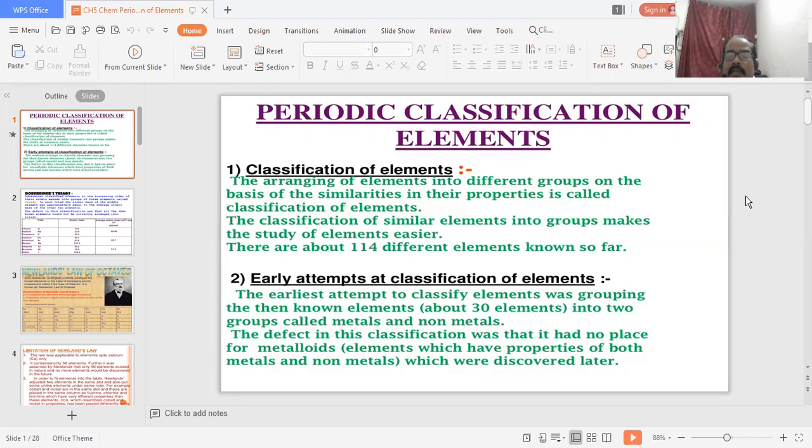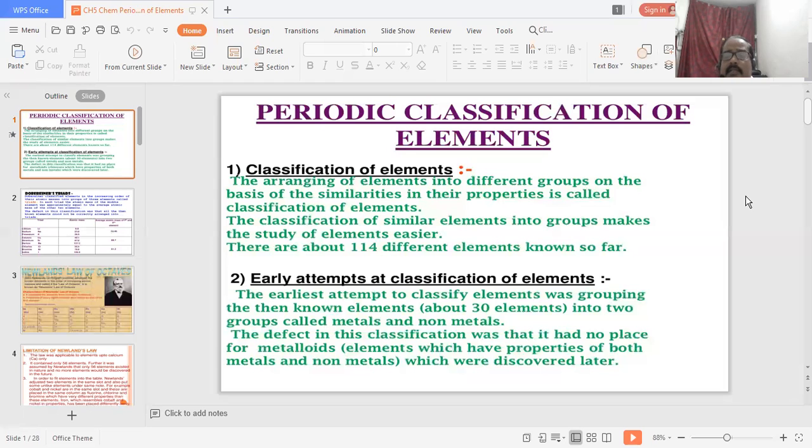And in modern time, or present time, we study the modern periodic table. In this periodic table, elements are classified block wise, group wise, period wise, and in every block, group or period, a certain number of elements are present.